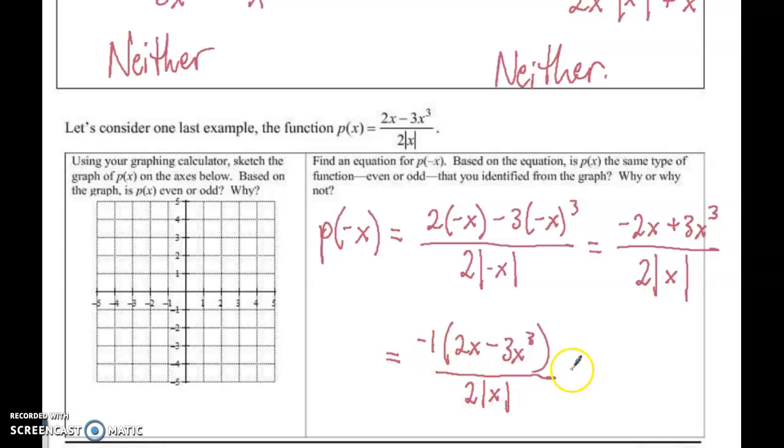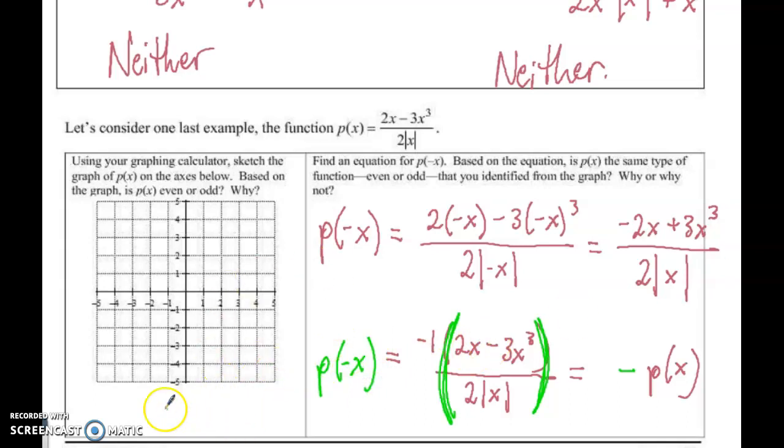So as you're looking at that, you see how what's in the parentheses there is equal to p of x. Probably shouldn't have said parentheses. Let me highlight a little bit better. This set of parentheses, that's p of x, and then you have a negative in front. So what I just showed you is that p of negative x is equal to negative p of x, which we learned means this must be an odd function.